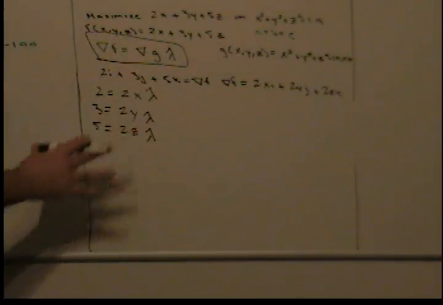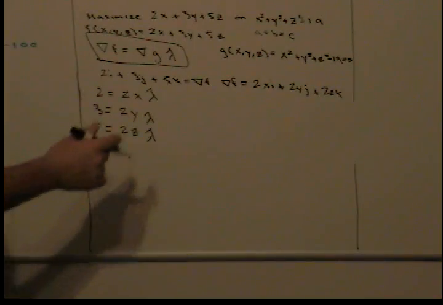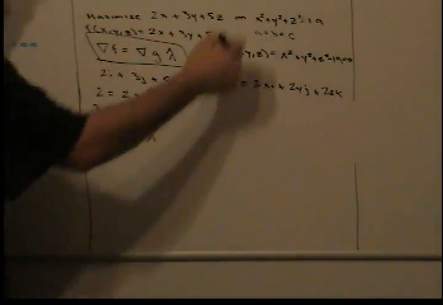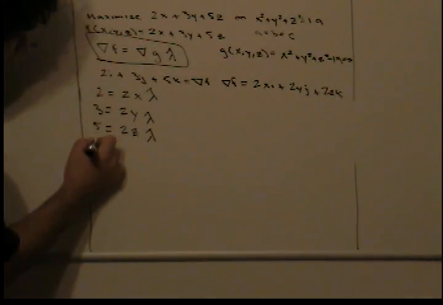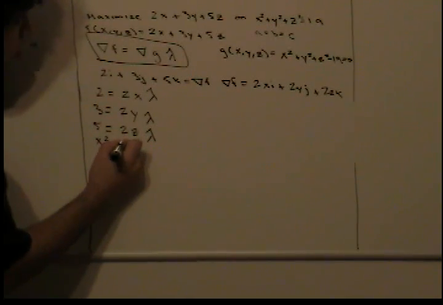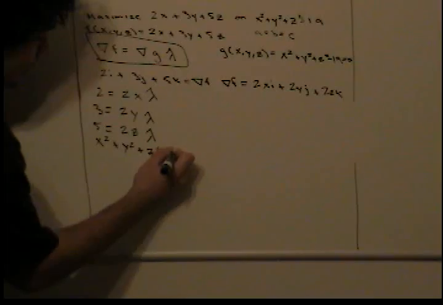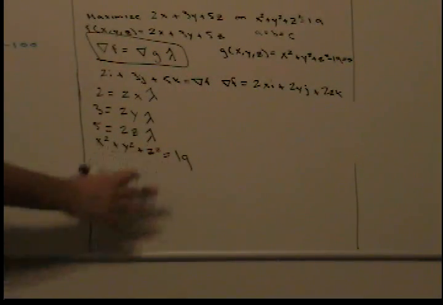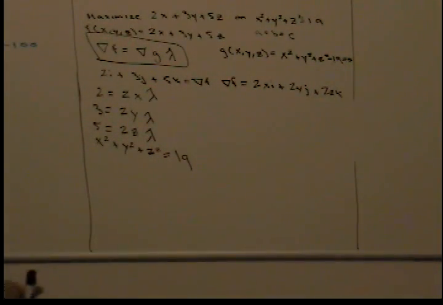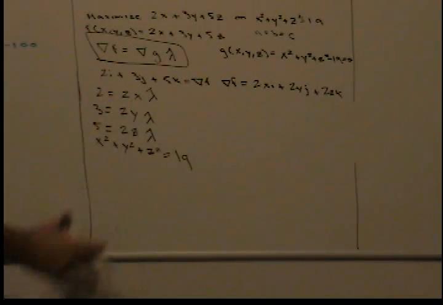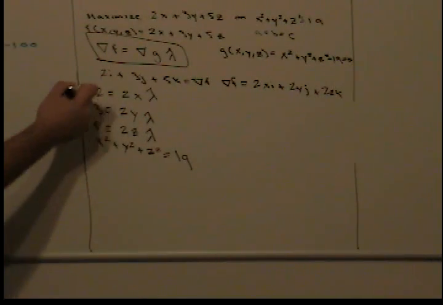Okay, so these are not the only constraints. It's very important that you remember your initial constraint, the sphere constraint, where you have x squared plus y squared plus z squared equal to 19. You can't forget this last constraint, or it'll be very difficult, if not impossible, to solve this simultaneous system of equations.